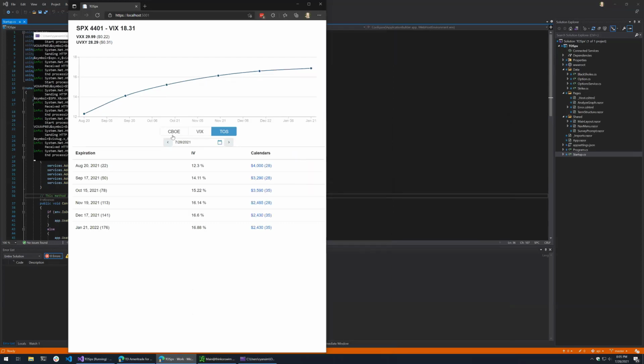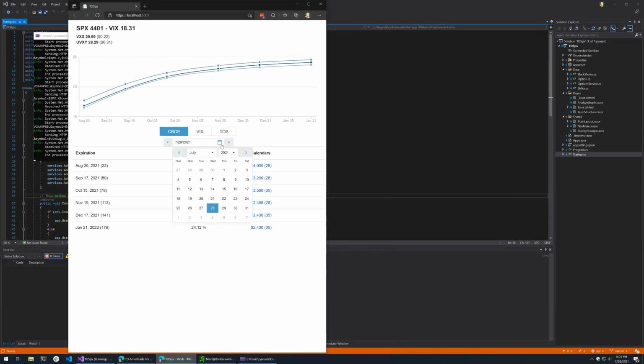But now I've added VIX data, right? So this is the VIX term structure. It essentially looks just like VIX Central. And I've added the CBOE data, okay? And here's the same historical chart that you saw on VIX Central, but this is on the CBOE data.